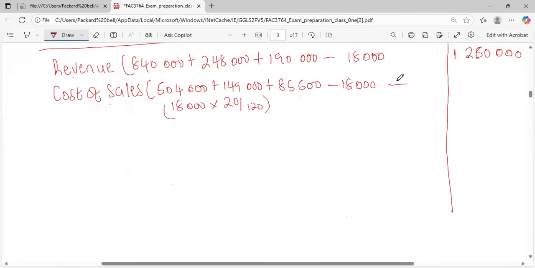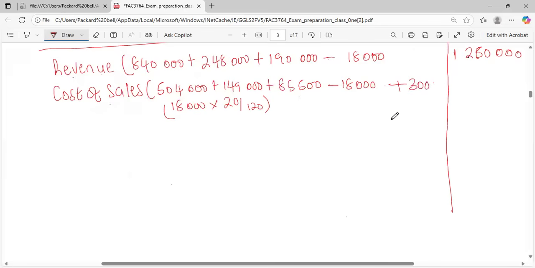Remember, when we do our journal to eliminate this unrealized profit, we debit cost of sale and credit inventory. So here we are going to add to the cost of sale, because in our journal we debit the cost of sale. It's going to be 20 over 120 times 18,000, which is 3,000. Am I correct? Yes.